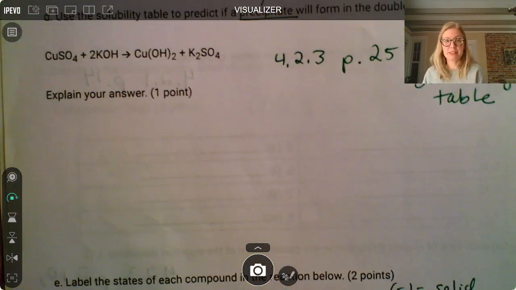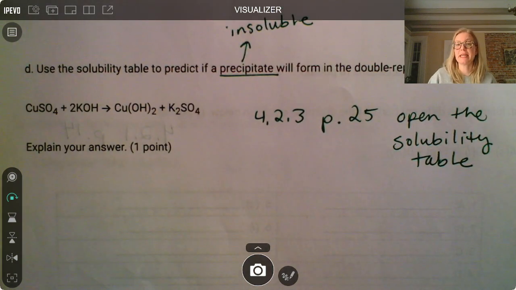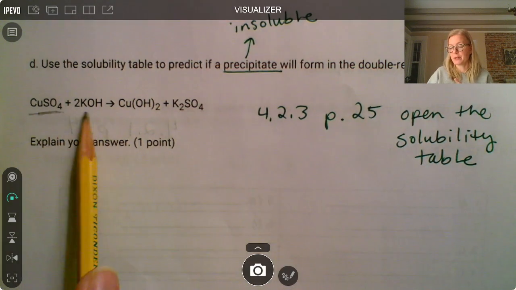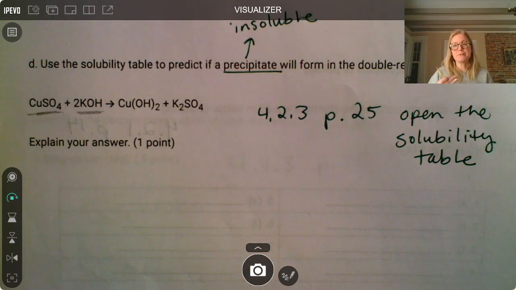And then for part D, use the solubility table to predict if a precipitate will form in a double replacement reaction. A precipitate is when you mix two things that are dissolved in water. So this is a substance dissolved in water, this is a substance dissolved in water, and they react. Quite often they'll form a product that doesn't dissolve in water.